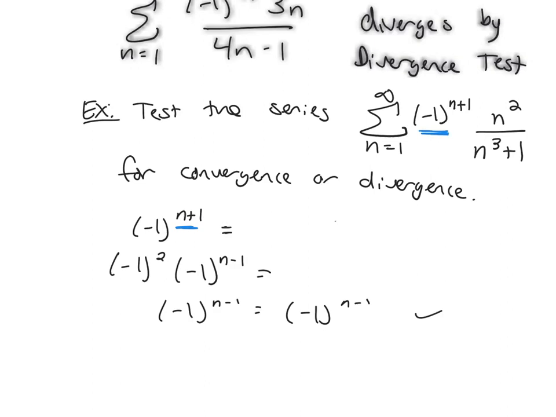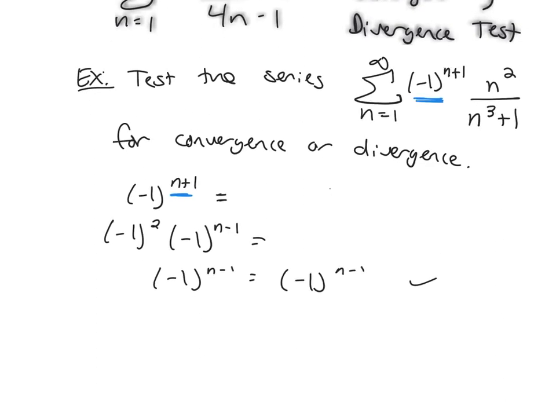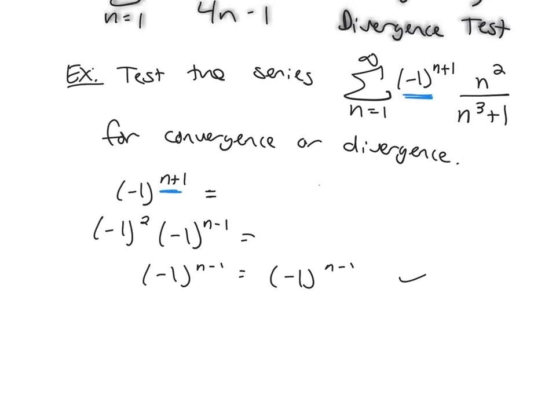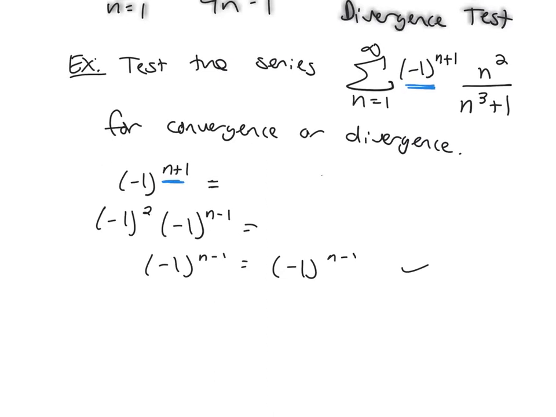You pull off 2 of them, so I have negative 1 squared, negative 1 to the n minus 1, but negative 1 squared is positive 1, so they're really the same. So it's still going to be an alternating series. That's my point, it's not explicitly one of those 2 forms, but it really is. So I can use the alternating series test.